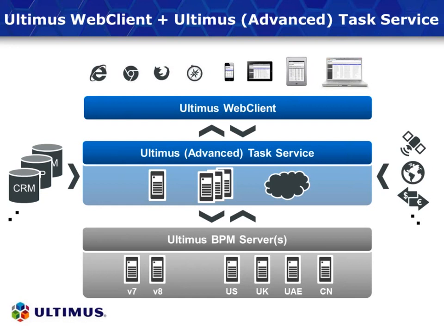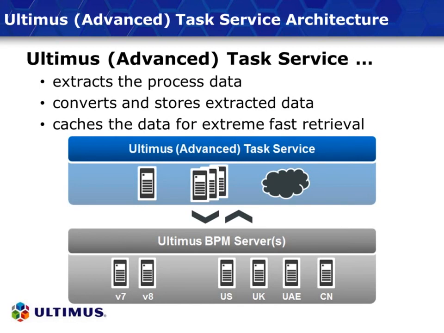So to introduce the more technical area and the more features and functions area, I'll come back to the original slide Franz already introduced in the beginning, where you see the BPM servers in the bottom, the Advanced Task Service in the middle, and the Ultimus WebClient on the top area. And I want to highlight some of those details, especially what are the different components communicating and what is the reason for those components. You all know the Ultimus BPM servers hosting and managing the tasks.